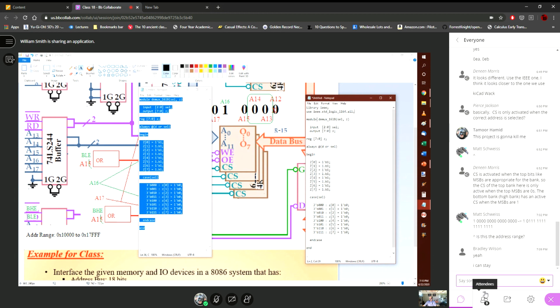I'm going to have an entity, a module, and it's going to have a port.